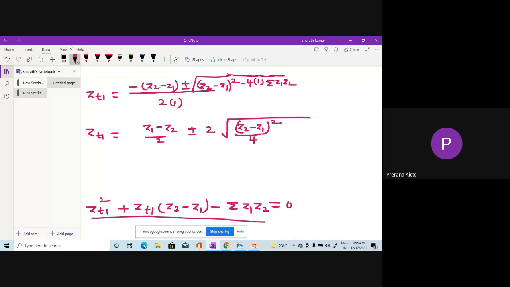Then minus 4AC: our C value is minus the summation Z1Z2, so minus into minus gives plus. So plus summation Z1Z2 divided by 2.